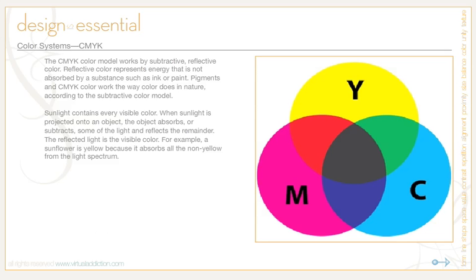There are two main color systems that you'll probably come across when you're designing. They are CMYK, which stands for cyan, magenta, yellow, and black. Available color systems are dependent on the medium with which a designer is working. When someone is painting, an artist has a variety of paints to choose from, and mixed colors are achieved through the subtractive color method.